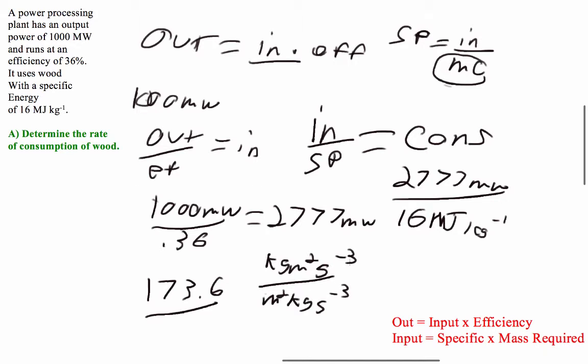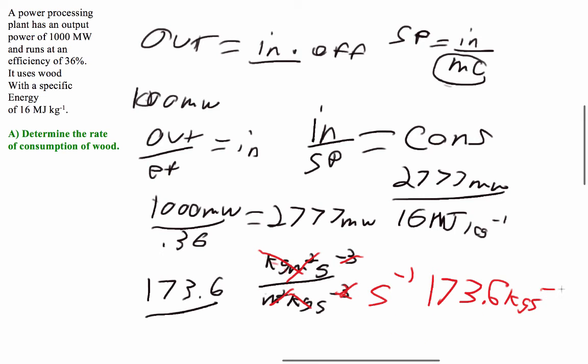Okay, so not -3, that's supposed to be a 2. So those both cancel out. Your m squares cancel out, and your kilograms cancel out. So that leaves us with a nice s to the -1, which is going to be our unit for this. So your final answer will be 173.6 kilograms per second.